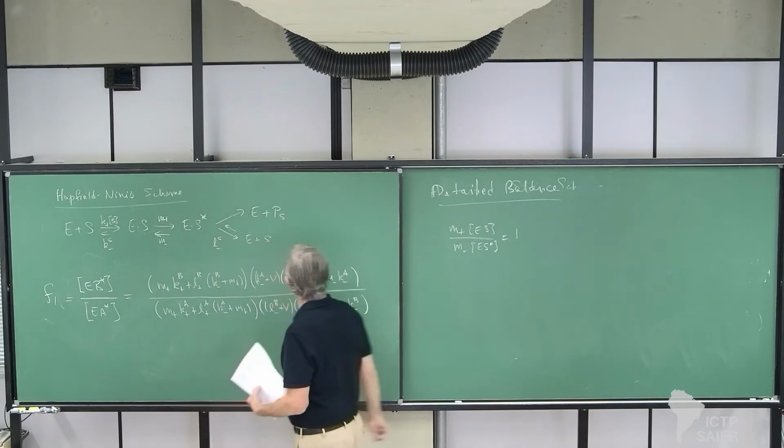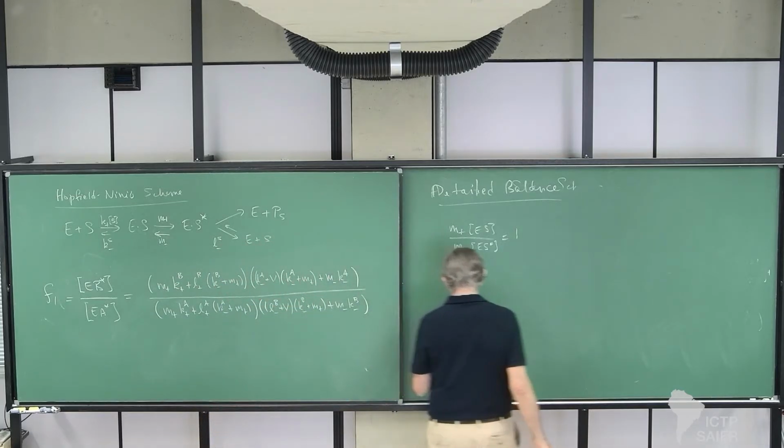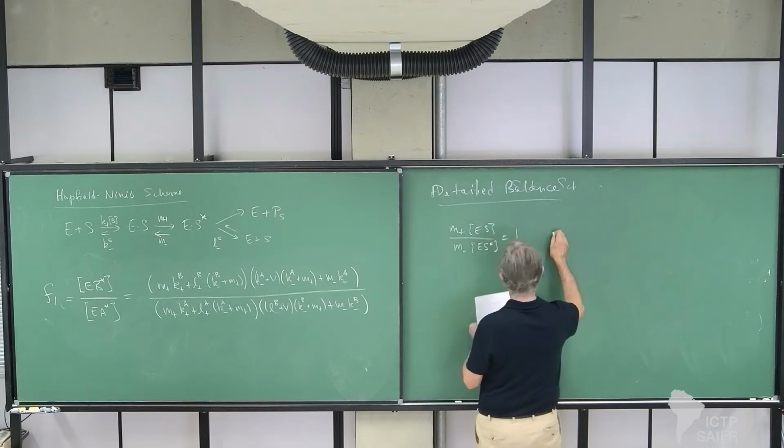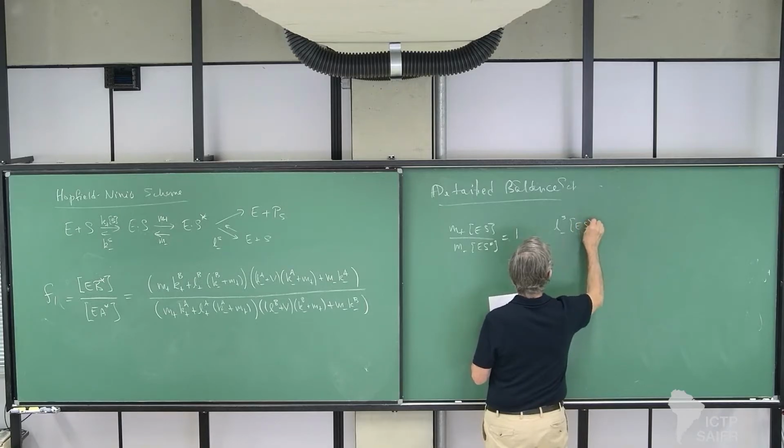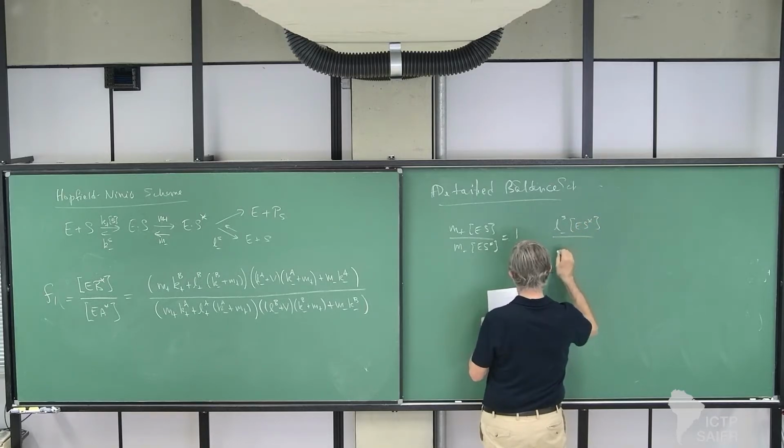That ratio must be 1. Similarly, you've got two other such things. You have L minus S, ES star, divided by L plus S times S times E.